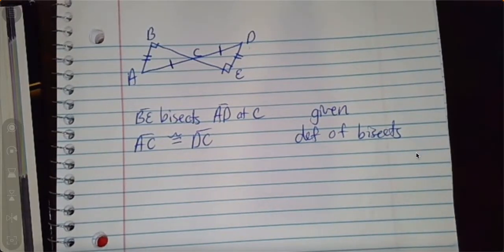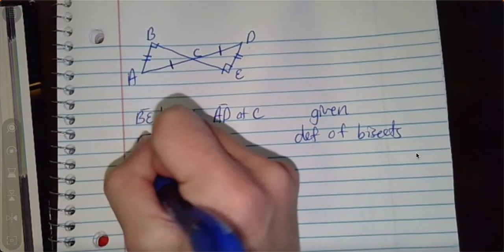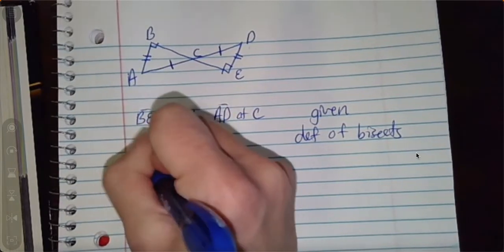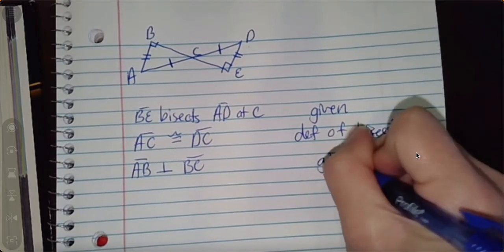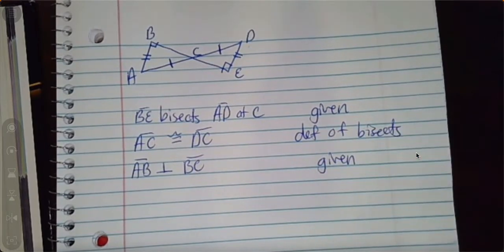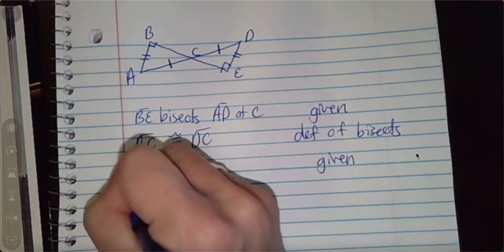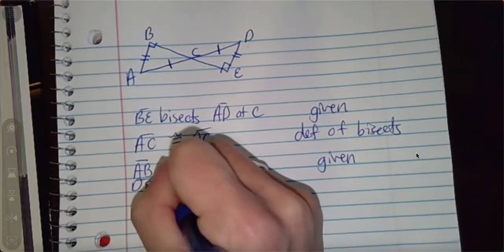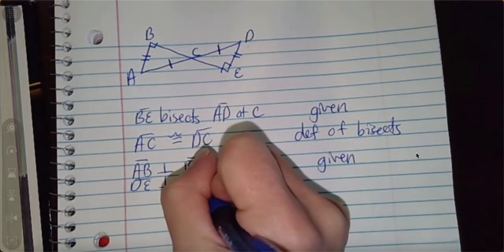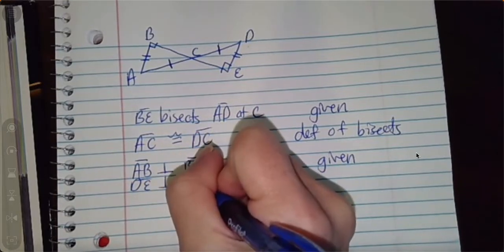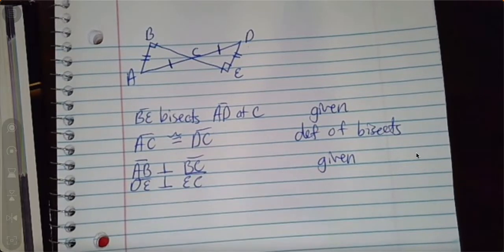The next thing they tell me is that AB is perpendicular to BC. If AB is perpendicular to BC, what does that mean? Oh, and DE is perpendicular to EC.